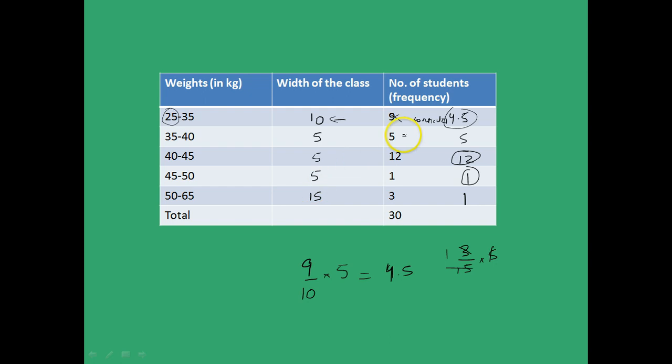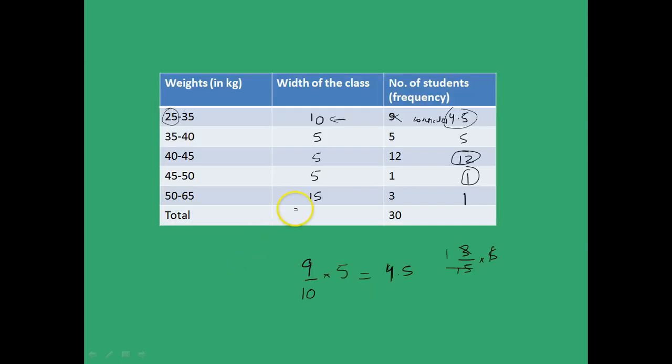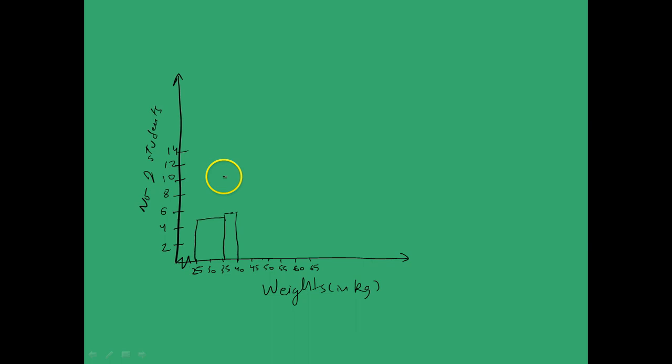And then you have 5. It should be slightly higher. Then you have 12, which is up here.